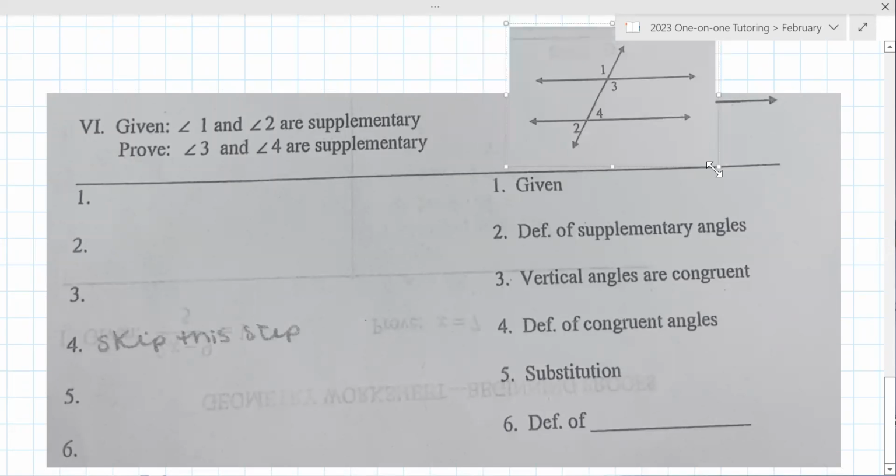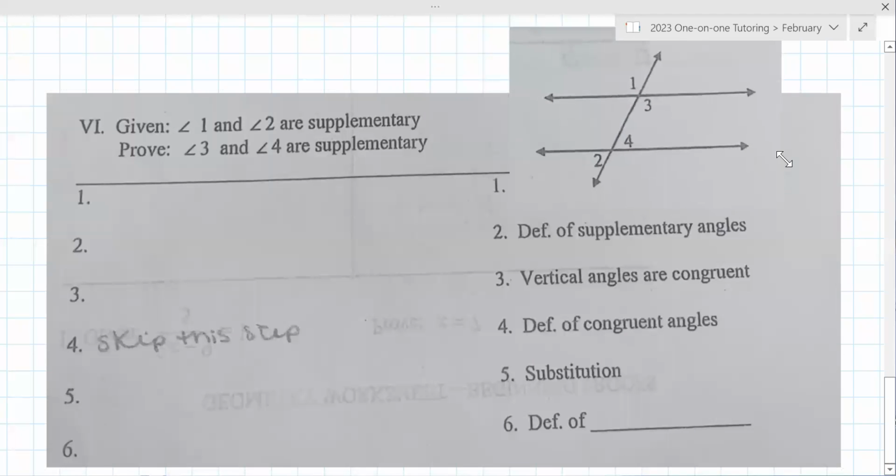Okay, so that's a little bit hard to see here, but it says angle 1 and angle 2 are supplementary. Really? I guess they are. Okay. So that's your first statement. Angle 1 and angle 2 are supplementary. And that's what's given.